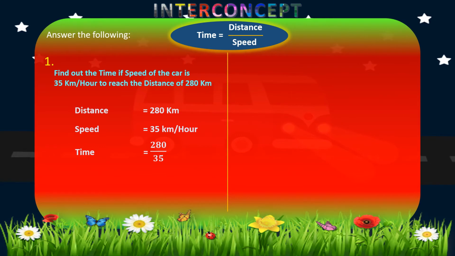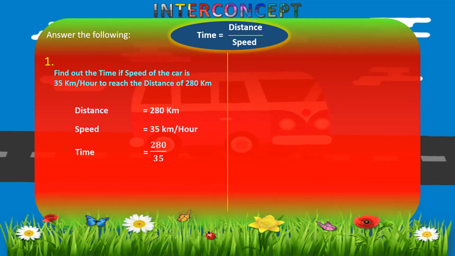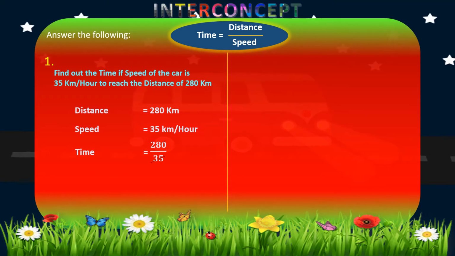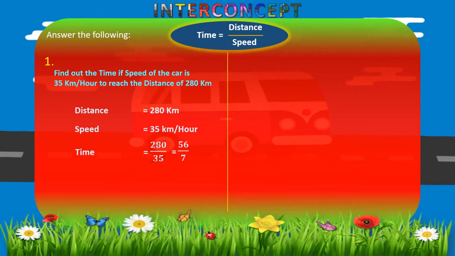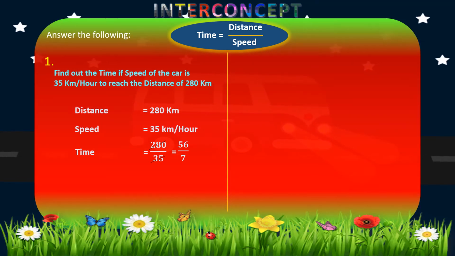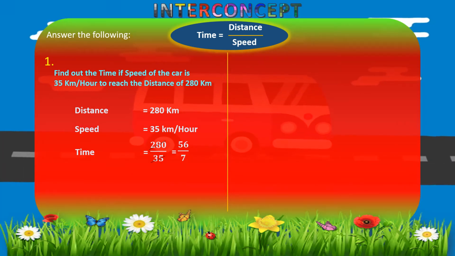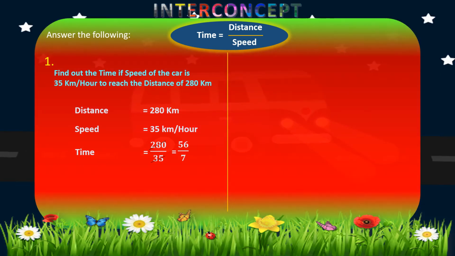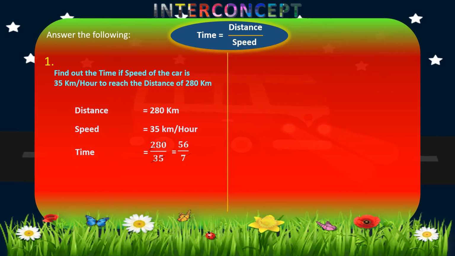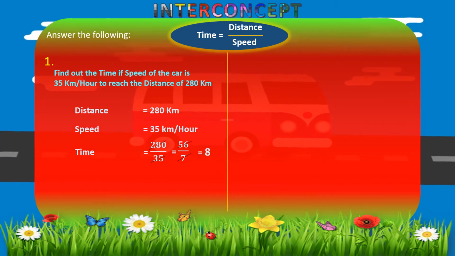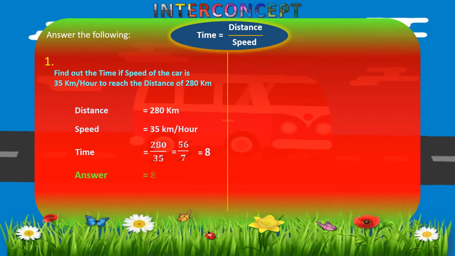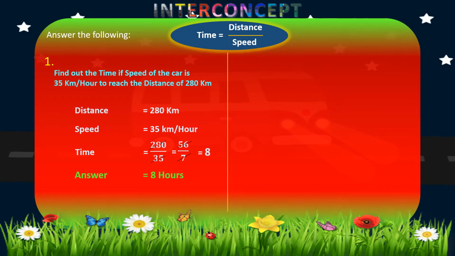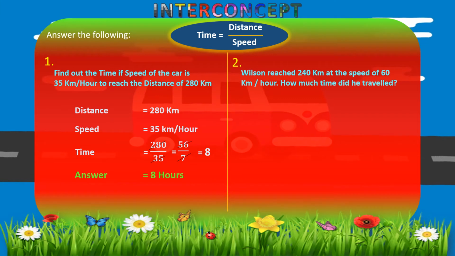So time is equal to 280 divided by 35. Here we use the fifth table. 7 5s are 35 and 5 5s are 25 and 6 5s are 30. Again we use the seventh table. 8 7s are 56. So the time is equal to 8 hours.